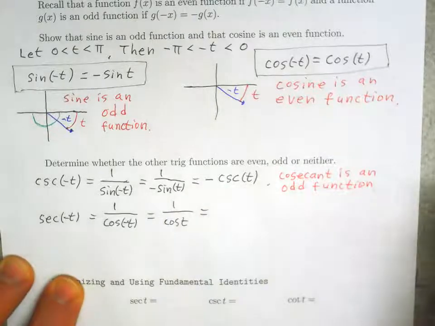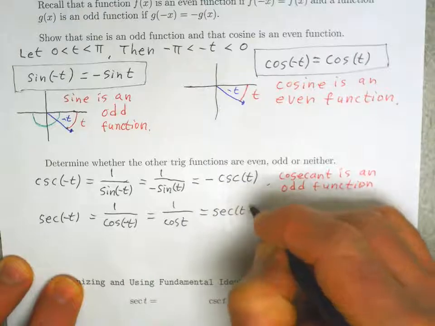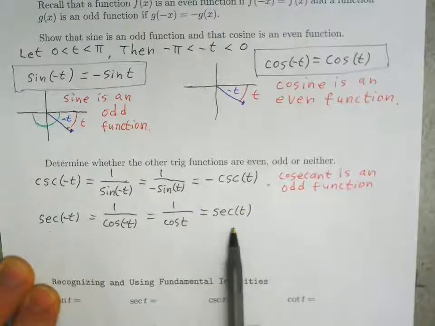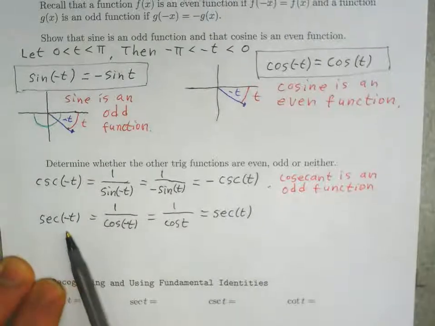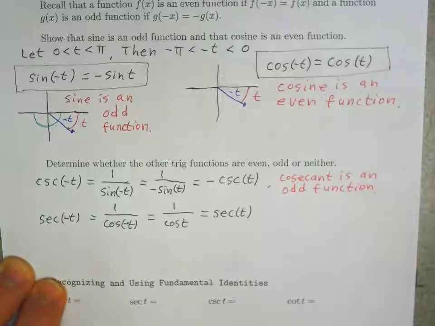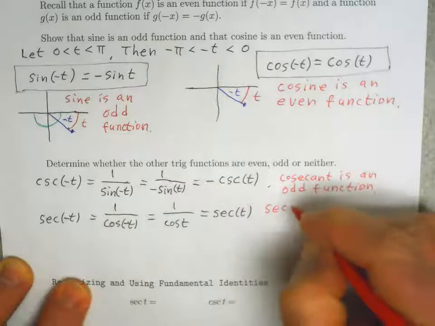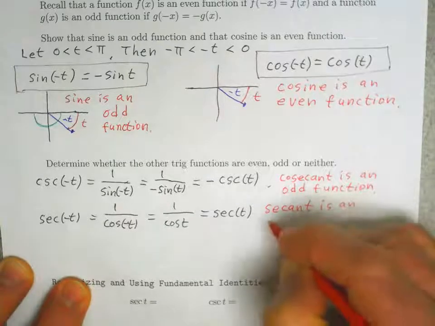And 1 over cosine of t is secant of t. So this shows that secant is an even function, because secant of negative t equals secant of t. So I'll write that down. Secant is an even function.